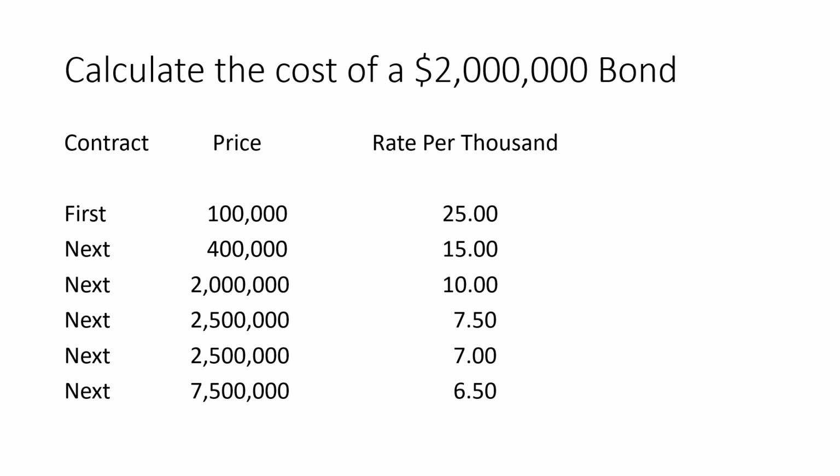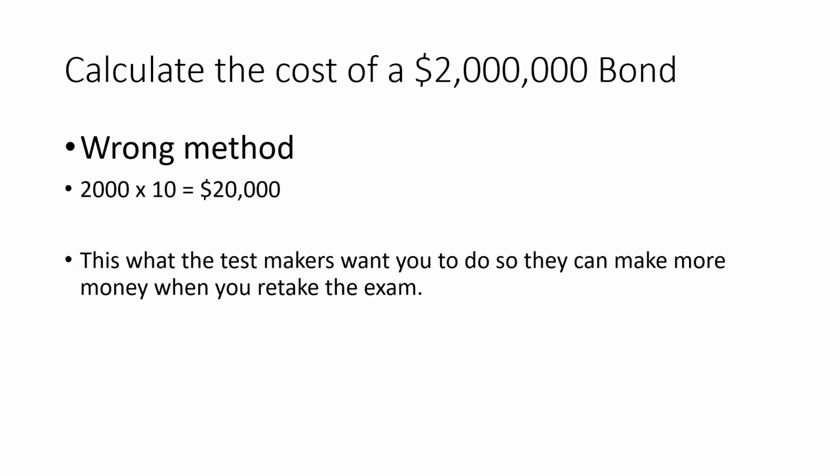Okay, here we go. I want to show you, 9 times out of 10, if you haven't been walked through this, then you get the wrong answer. All right, so this is the wrong method here. We're going to cross this out. What's really tempting to do is to take the 2000.